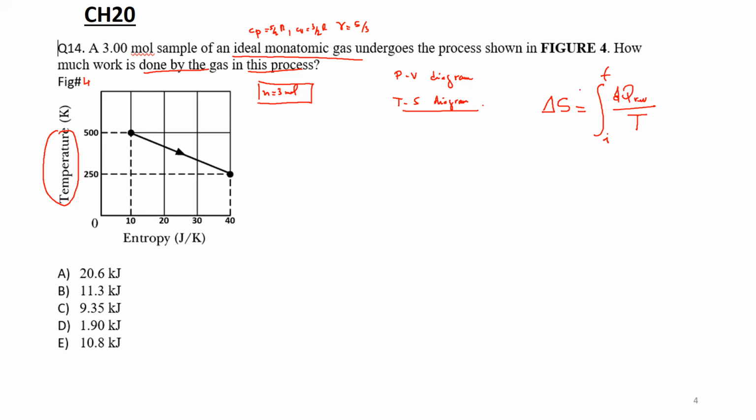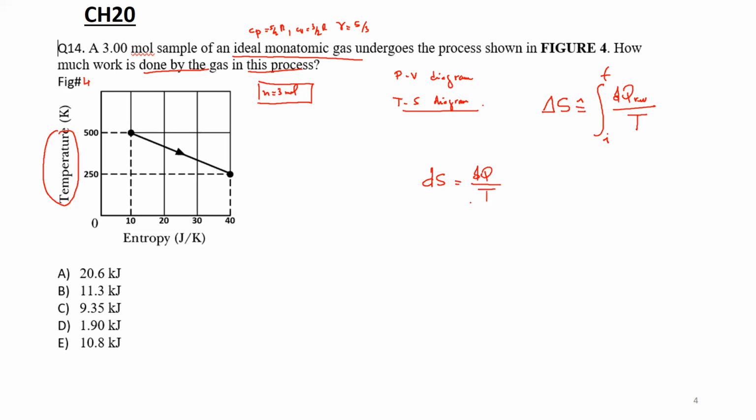So this is by definition the change in entropy, okay? Here the entropy is changing, the temperature is changing. This is the integral form of the change in entropy. So what is the small change in entropy? dS will be just dq divided by temperature.